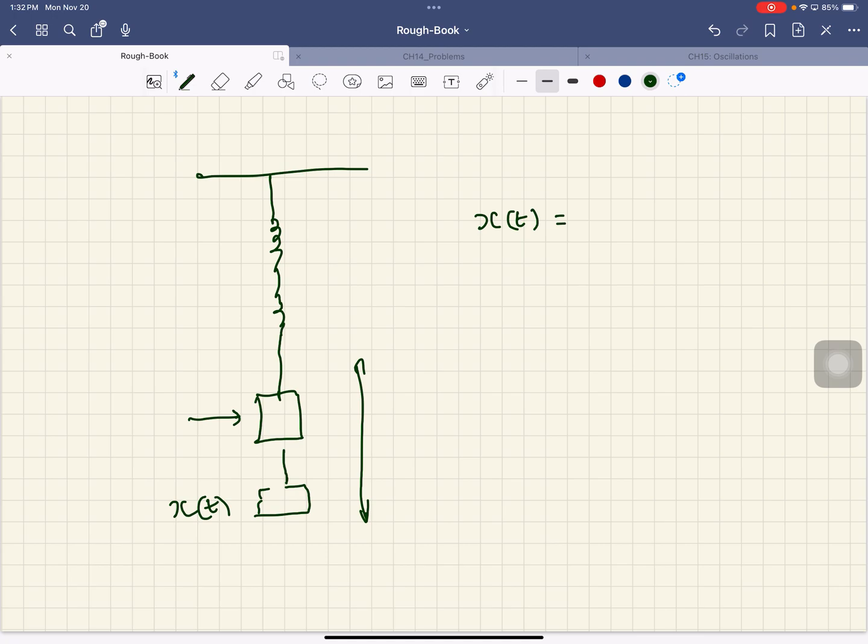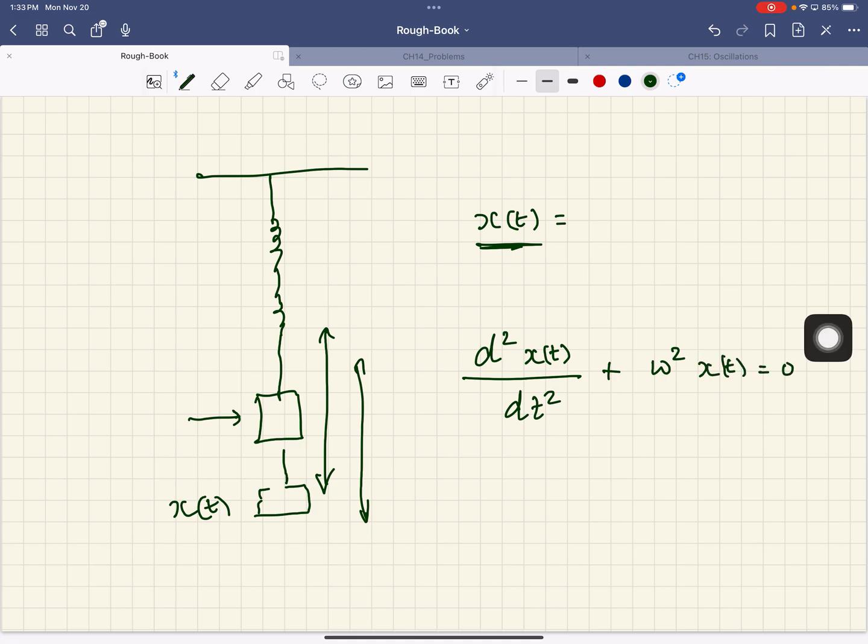Now, the configuration of this system is mathematically modeled. It turns out, and we'll show this to you in a second, that the position is mathematically modeled by this equation. When you want to come up with a mathematical model for the behavior of the system, this is the equation.